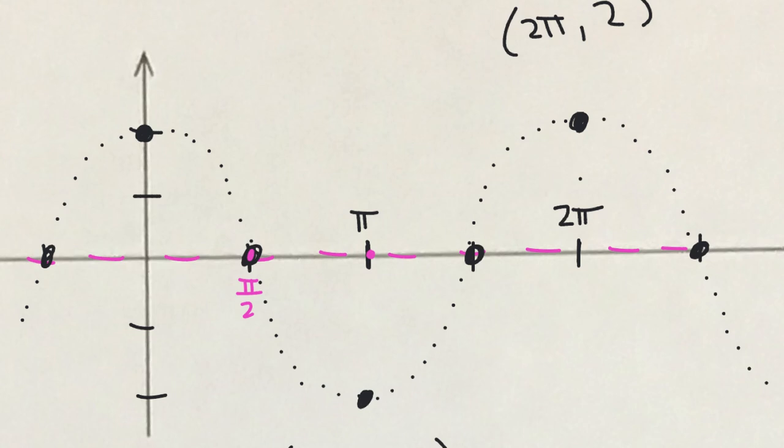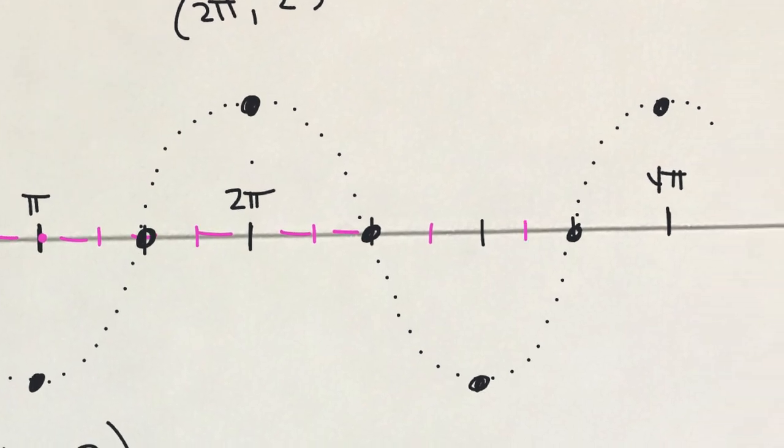So is pi over 4 bigger than or smaller than pi over 2? Smaller. Very good. How much smaller is it? It's half as small. So we're going to go in the middle of each one of these current tick marks that we've put on there. This is your pi over 4 distance. So we're going to put tick marks in between all of these other ones that are pi over 2 units long, just so we have all of the pi over 4 units.